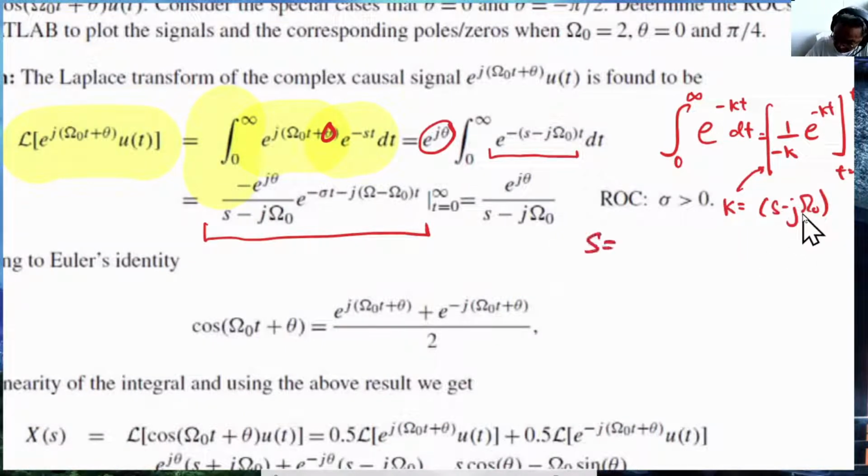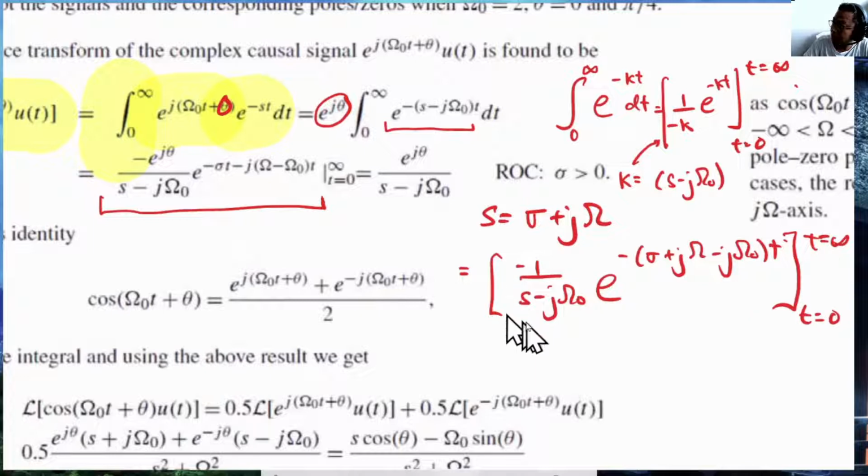Now remember that k is equal to s minus j omega naught. What is s? s is sigma plus j omega, the complex plane. We need to open up s to be sigma plus j omega because we need to find the region of convergence. So let us see why. Let's ignore minus e^(j theta) first, since it's a constant on the outside.